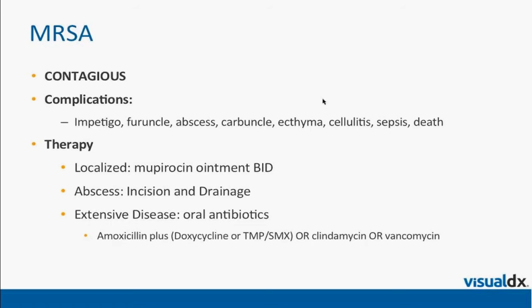So in your average healthy person, you can find carriage of MRSA sometimes up to 30% of the population. How many people get the disease, it's really hard to predict who's going to get the disease. So carriage of the disease is common, but the actual presentation of MRSA complications such as impetigo, furuncle, abscess, and all the other things that I showed you is pretty low.